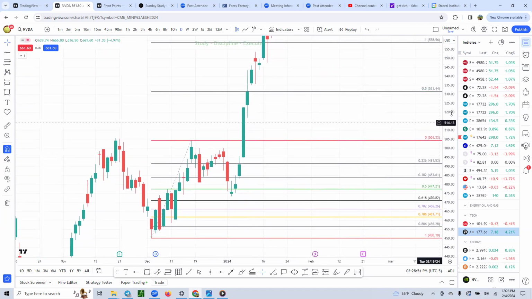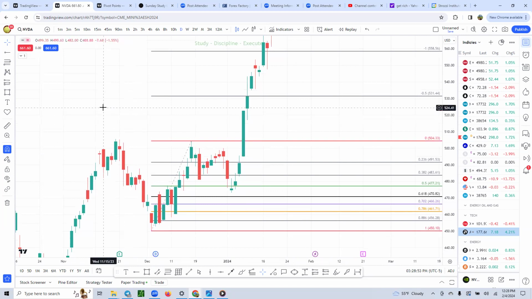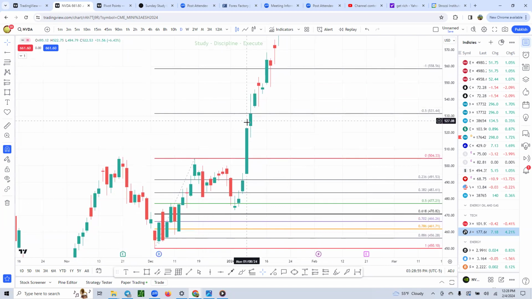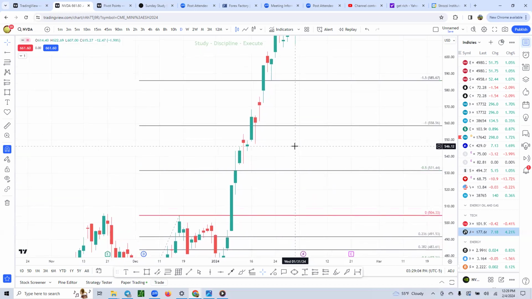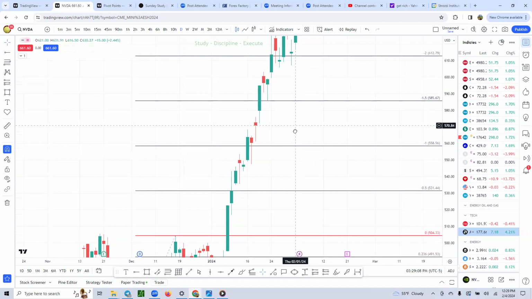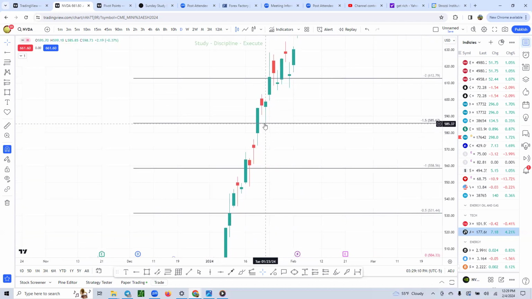So then what do you do? You're like, okay, I want to take it to different fib levels. So, the way I have my extension set here, you have the 0.5 extension that it went to. Then you're like, okay, it's going to keep going, I'm going to go to the next fib level. Okay, there you go. And it just kept on climbing up through these different extension levels.